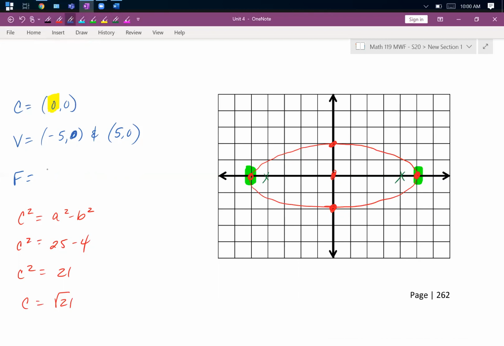So we're going to have negative square root of 21 comma 0 and positive square root of 21 comma 0. Questions at all? Right, it's not so bad.